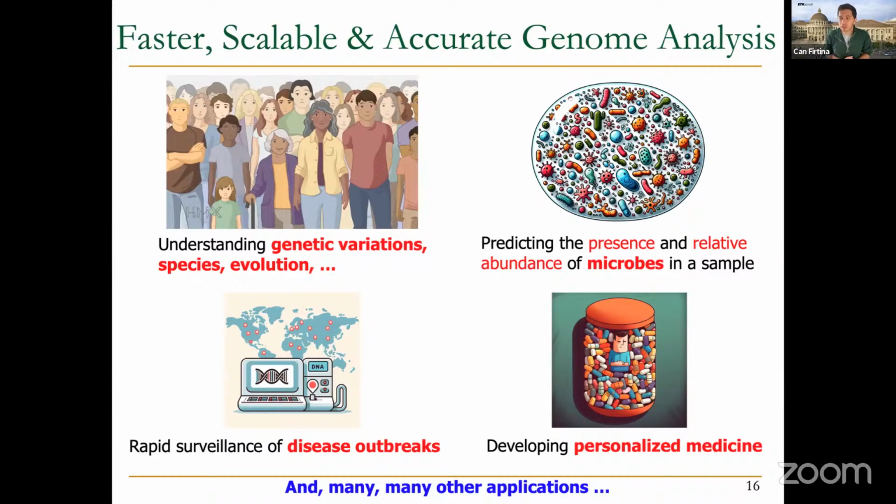Maybe even edit that particular region in the genome so that you can disable that functionality, so that that particular population won't have that disease anymore. So you can already see how important it is to understand genetic variations, but in general, how important it is to analyze genomics.